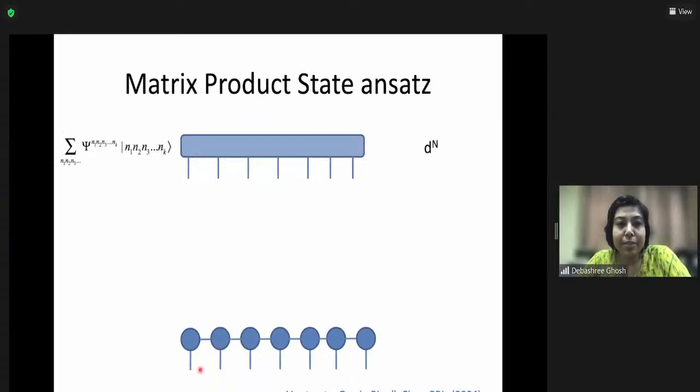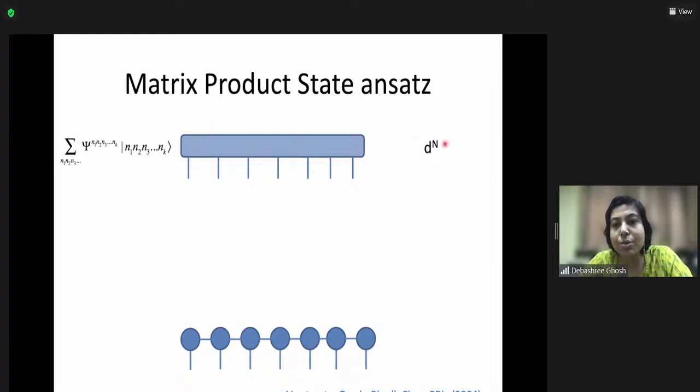In this language, this is the full CI wave function, this comb-like structure, an n-dimensional tensor, whatever your system size is, with d to the power n terms inside this oblong.